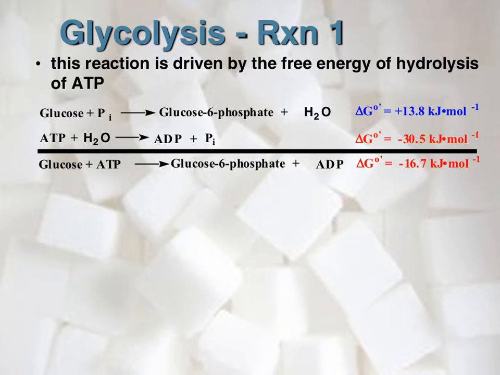But by first phosphorylating the intermediate, we get to capitalize on the fact that the hydrolysis of ATP is so profitable, so to speak, that overall it's a negative 16.7. Once again, don't memorize the numbers. Anytime there's something special about an enzyme, you should know it, so I'm going to put a little asterisk next to that one.